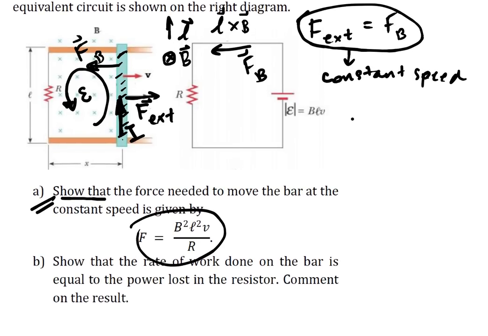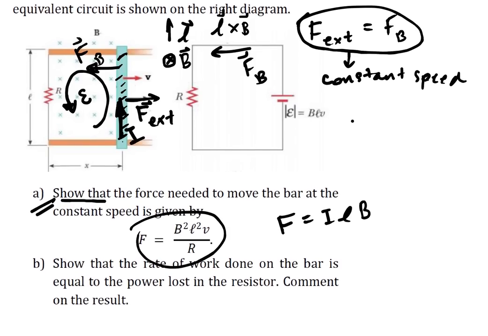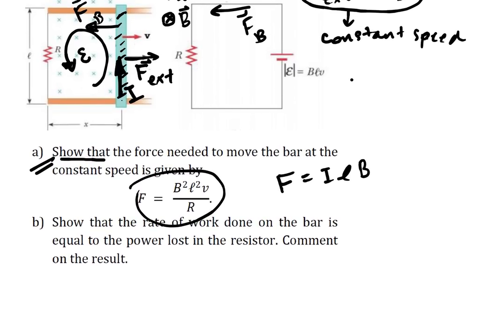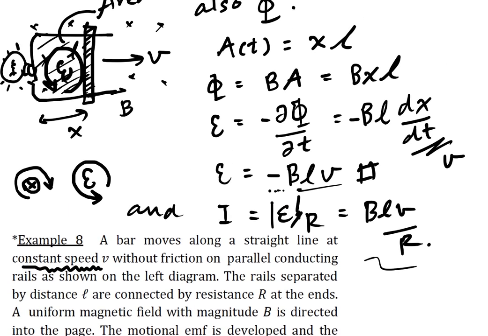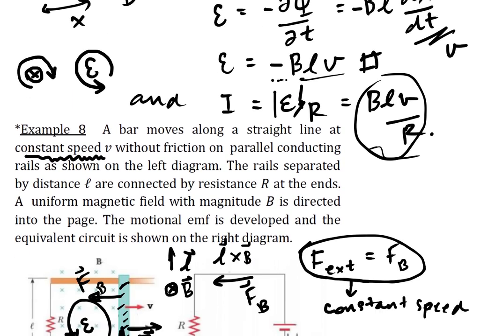We can combine the definition of the Lorentz force, F = ILB, with the current that is induced. It is the same induced current that you found in the last question, so it is BLV over R.